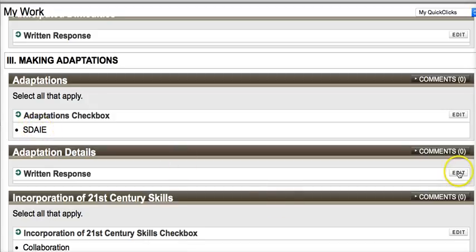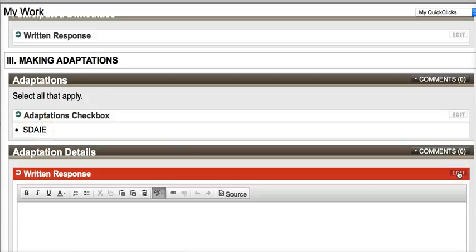You haven't gotten to this unit yet, but what this means is, you know the adaptation I wrote below for what the ELD student was going to do to participate?